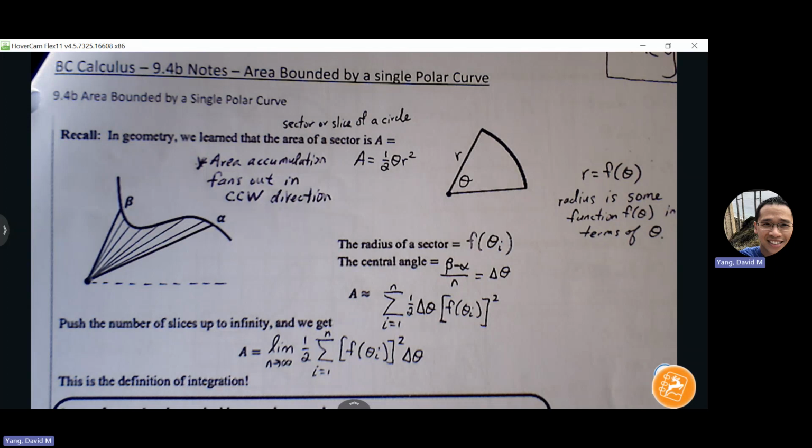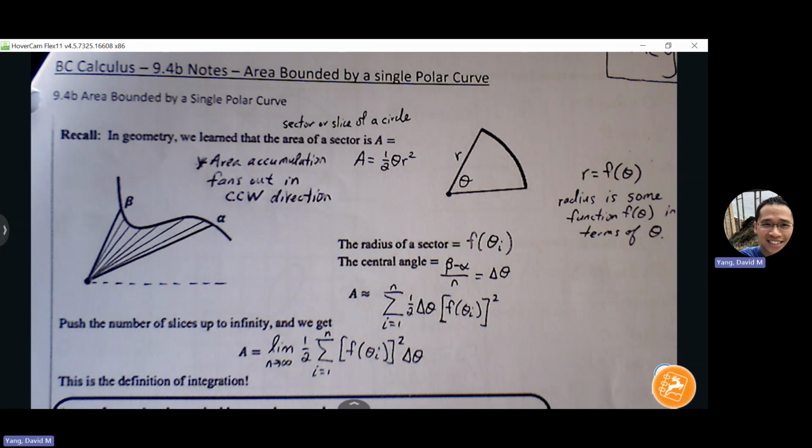I just want to show you where this is headed. You don't need to memorize it. It's leading towards a definition that we're going to be using. So the radius of a sector is f of theta sub i. The central angle is (b minus a) over n, which is delta theta. And our area of a sector, 1/2 theta r squared, is 1/2 delta theta f of theta sub i squared.